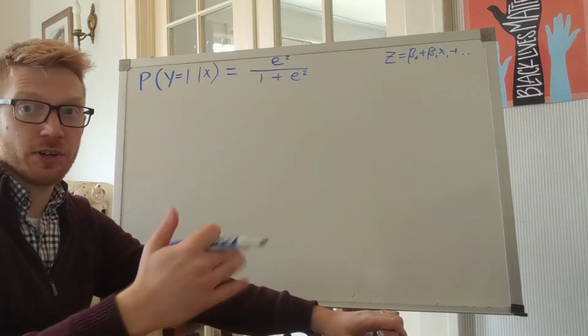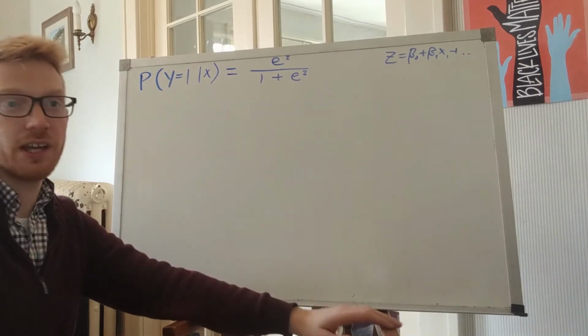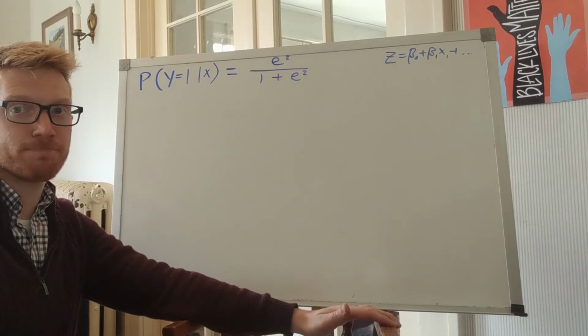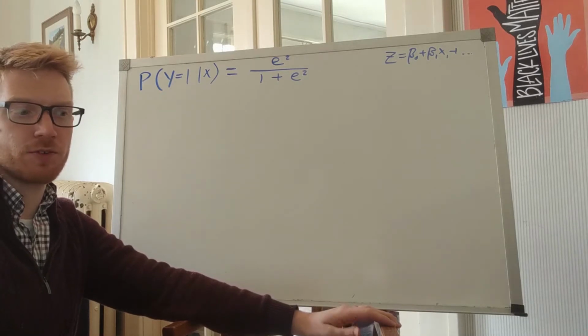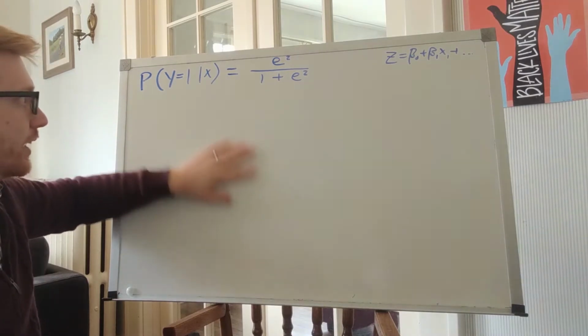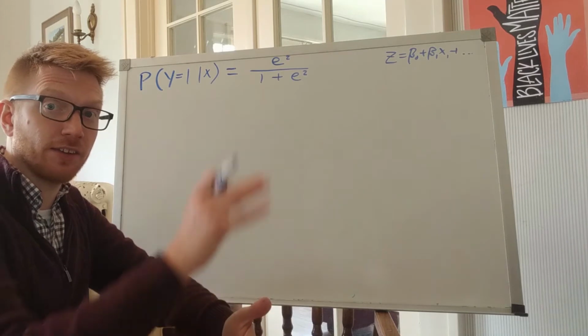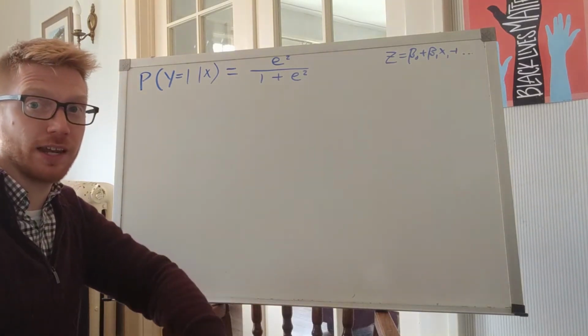So what I want to show you is the relationship here between our Logit function and odds ratios. But I first want to explain odds ratios and odds in this context. So an odds is the probability that something happens over the probability that it does not.